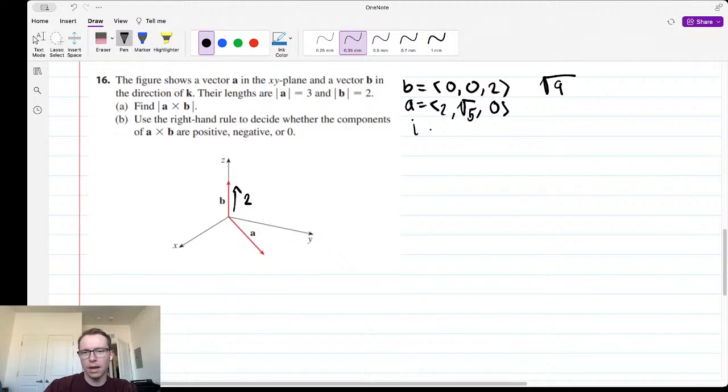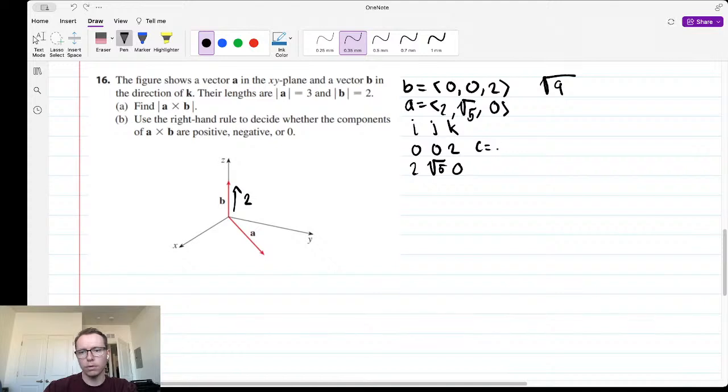So we got to get our I, our J, and our K. So first we got 0, 0, 2, and then we have 2, radical 5, 0. So that gives us I, which is 0 times 0 minus radical 5 times 2.